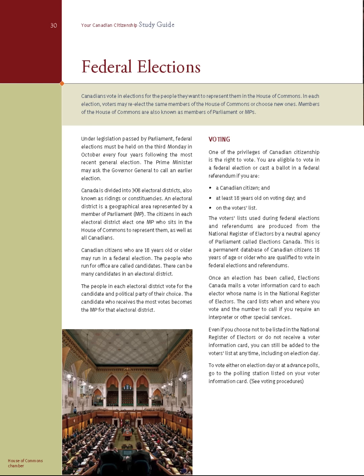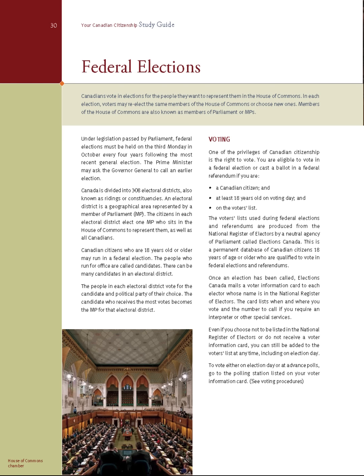Under legislation passed by Parliament, federal elections must be held on the 3rd Monday in October every 4 years, following the most recent general election. The Prime Minister may ask the Governor-General to call an earlier election.